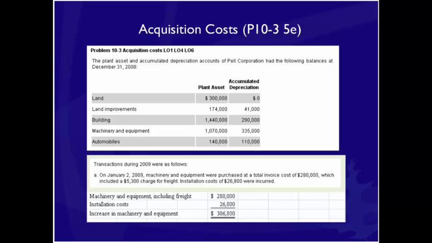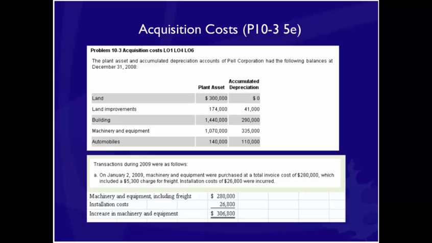On January 2nd, machinery and equipment were purchased at a total invoice cost of $280,000, which included a $5,300 charge for freight. Installation costs of $26,800 were incurred. Okay, well, how do we come up with the increases to machinery and equipment?